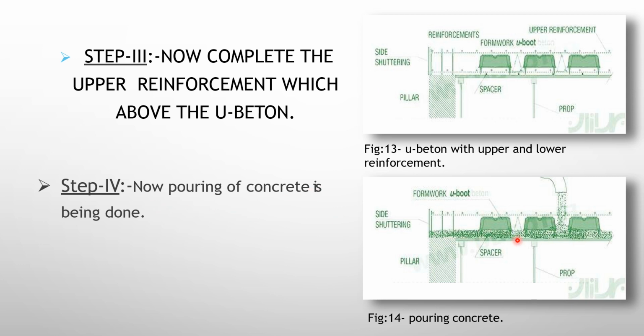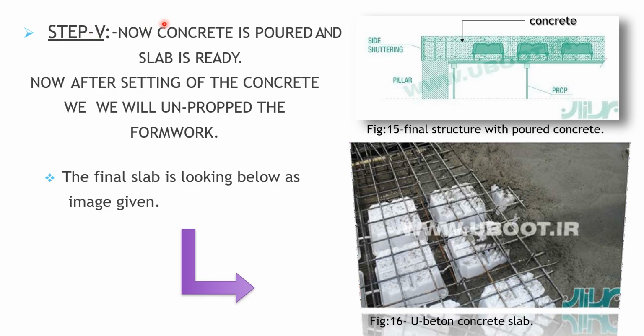As you can see, the concrete is poured in between these intervals, and it fills up all the gaps left over there. Then in step 5, the concrete is totally poured and the slab is ready. After setting of the concrete, we unprop the formwork. We remove the formwork, and it looks like this.